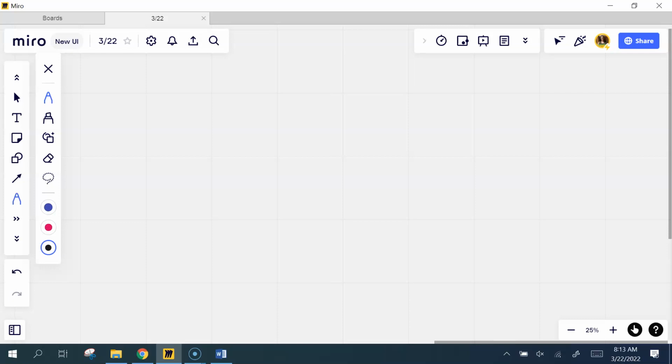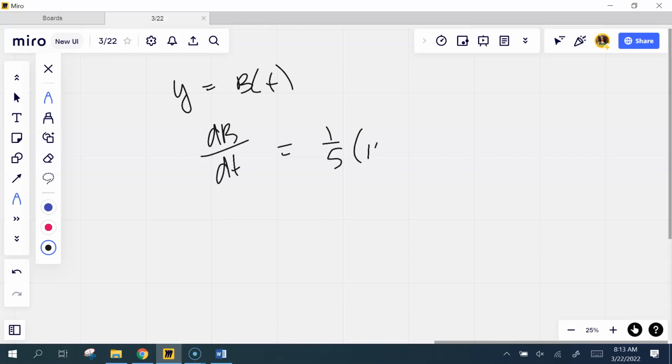All right, so it says use separation of variables to find y equals b of t. So remember they gave us dB/dt equals 1/5 (100 minus b). And it says the initial condition b of 0 equals 20. All right, so I've got to separate the variables.